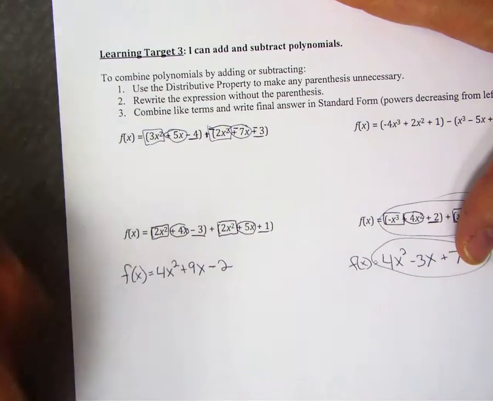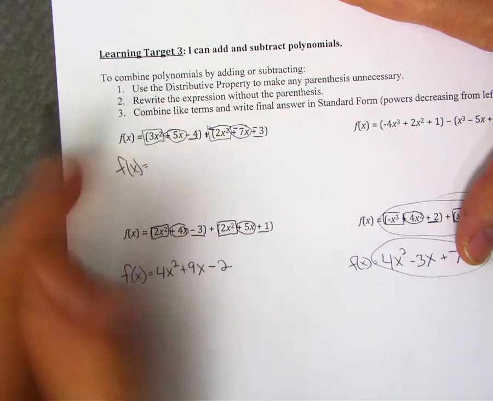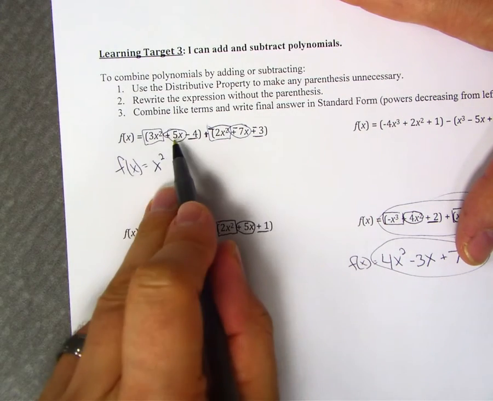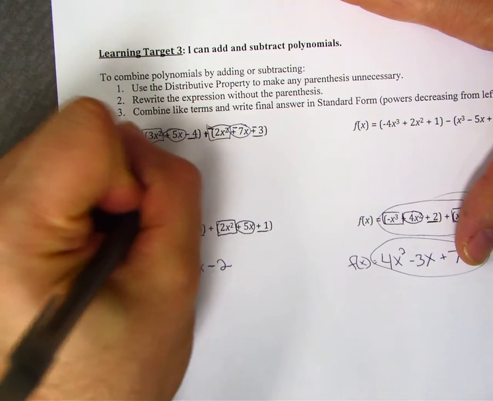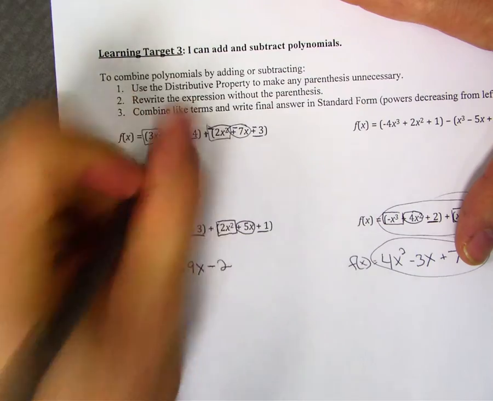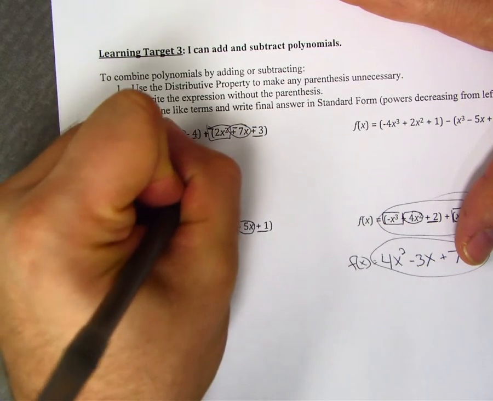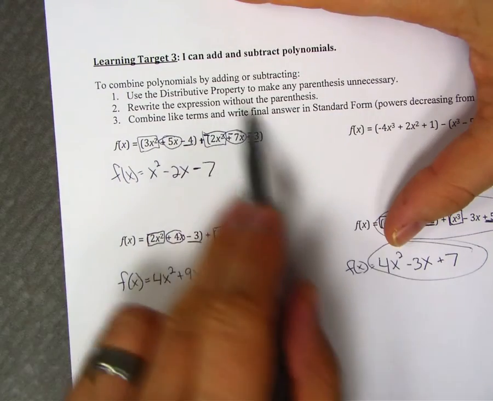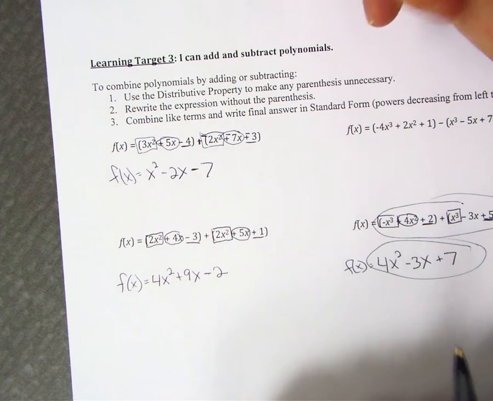And now just combine them together. f of x equals, we've got 3 and negative 2, that's going to be 1x squared, or just x squared. 5x and negative 7x combines together to give us negative 2x. And negative 4 and negative 3 gives us negative 7. Again, you can check this by putting this into your calculator and putting this into your calculator and seeing that they line up on top of each other.